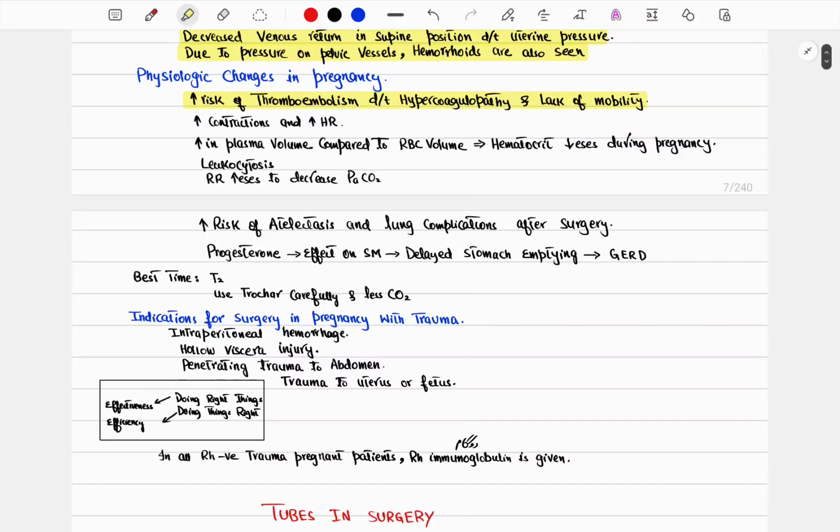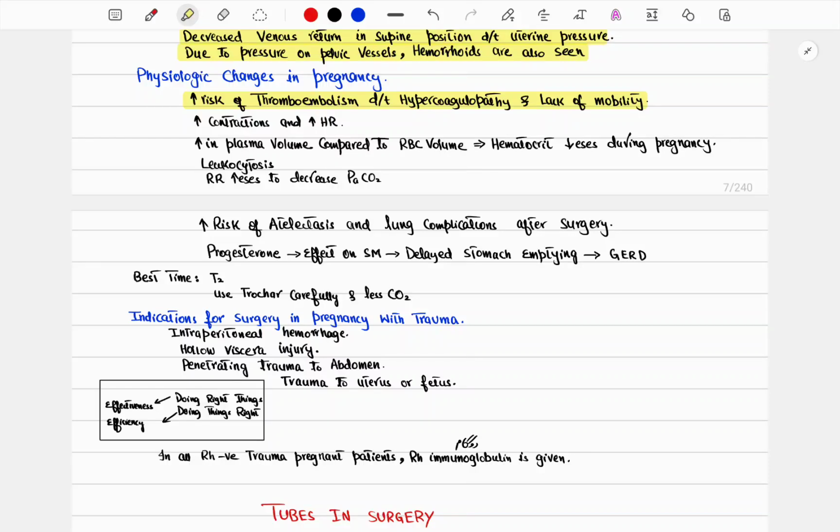Pregnant women are not very mobile, and they tend to sit at a place for long hours, so there is high risk of thromboembolism or DVTs in the pregnant woman.